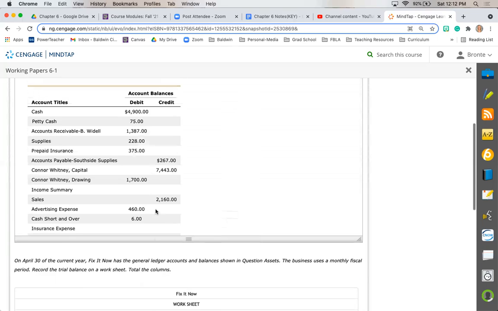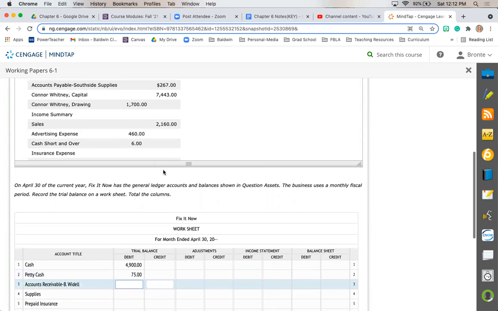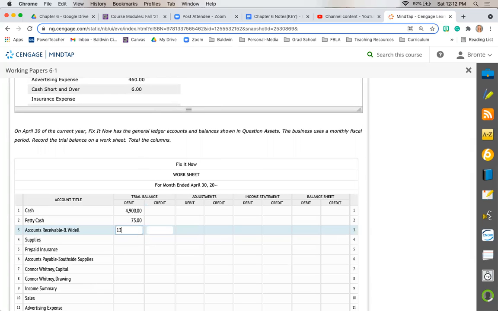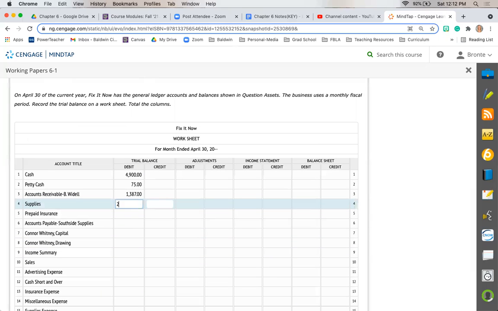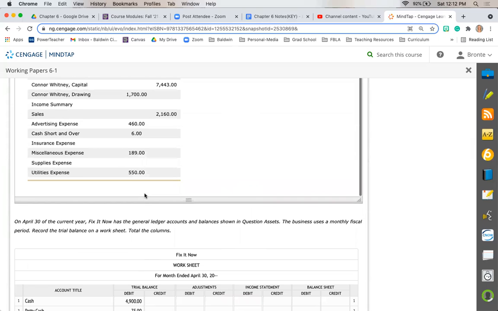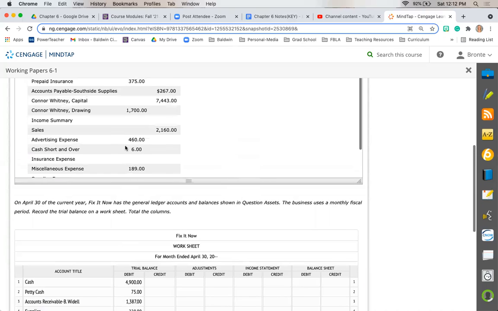Petty cash, 75. Accounts receivable, B. Wydell, 1,387. Supplies, 228. Prepaid insurance, 375. And that is the end of our assets. We have one liability, accounts payable, 267.